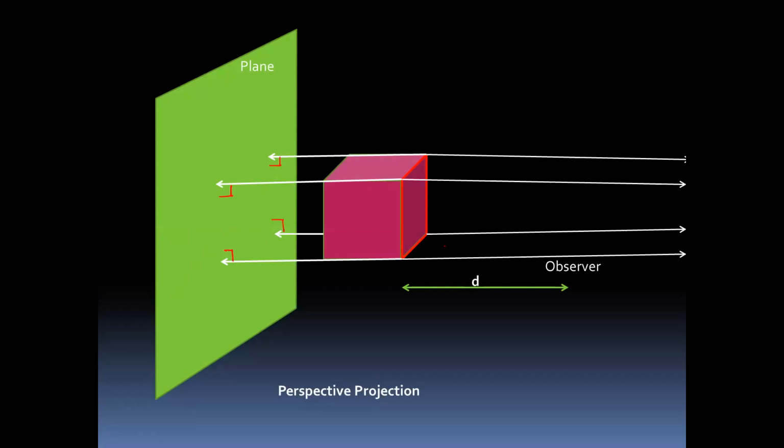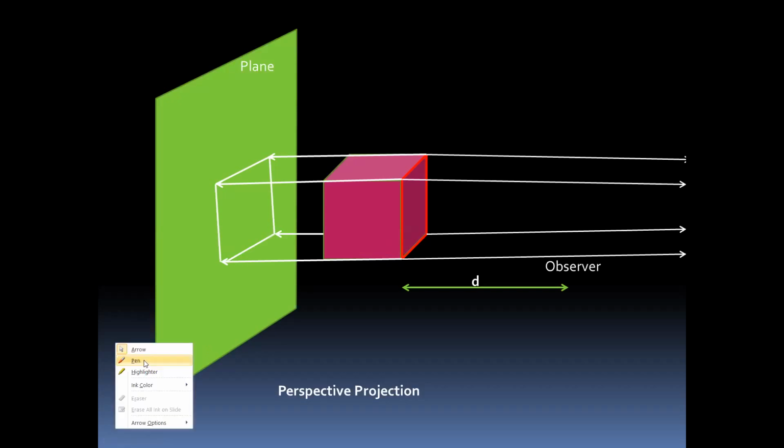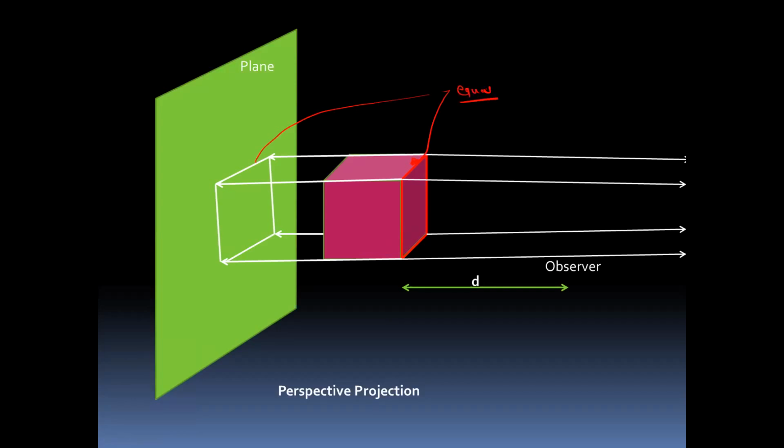So if you complete the outline of this projection, you will get the rectangle. This rectangle and the actual rectangle in the front view have equal dimensions. And this method is called orthographic projection.